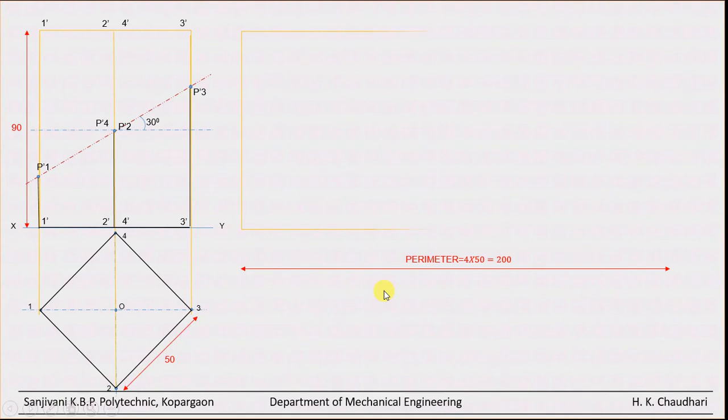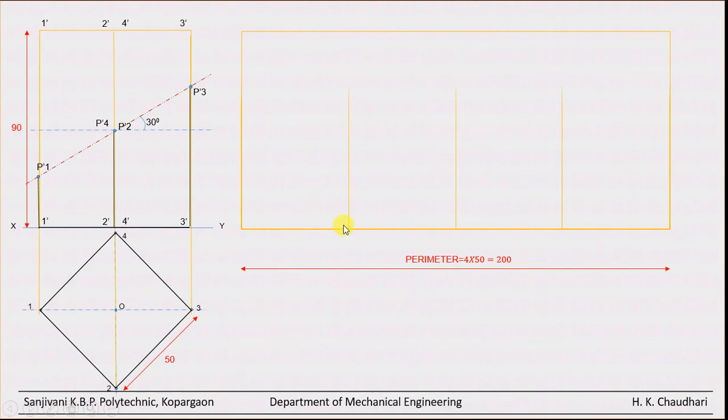Clear? Now just trace this rectangle whose dimensions are equal to 200 mm in length and again 90 mm in height. Clear? Now for convenience and for locating the points P-1, P-2 and up to P-4, we have to just divide this rectangle into 4 equal parts.